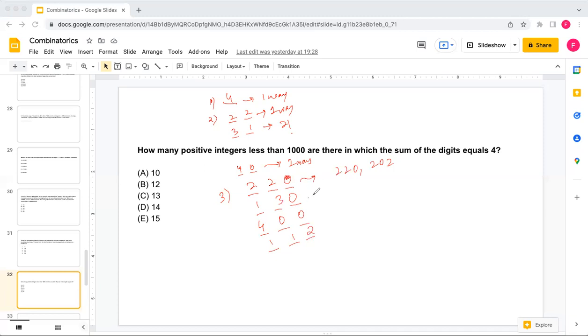If we have 1 3 0, that will be 3 0 1, 3 1 0. Any other? No other, right? If you see the 4 0 0, only one way, 4 0 0.